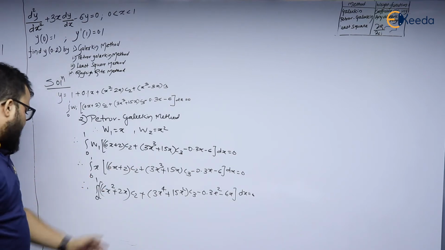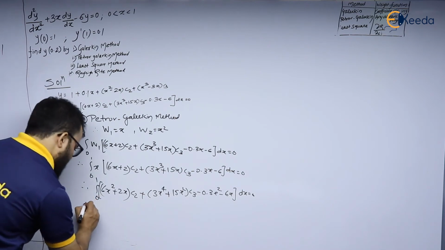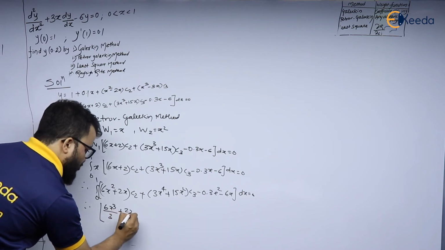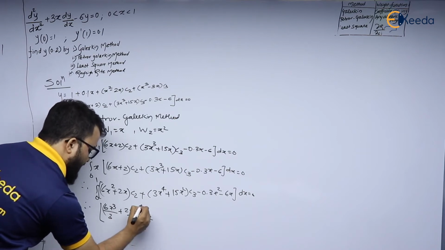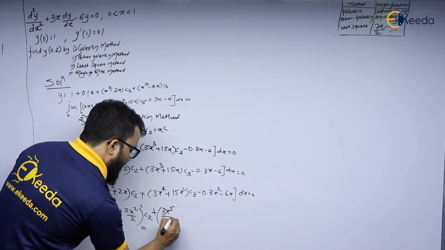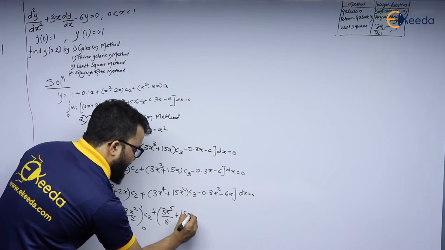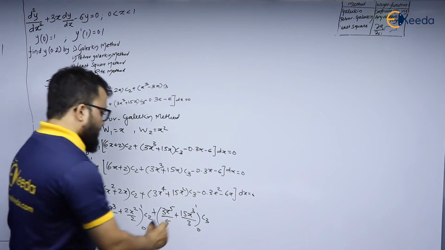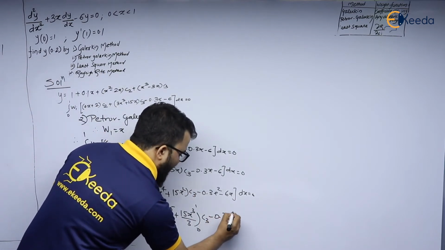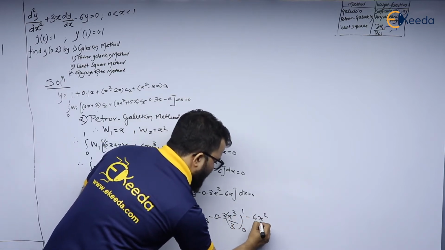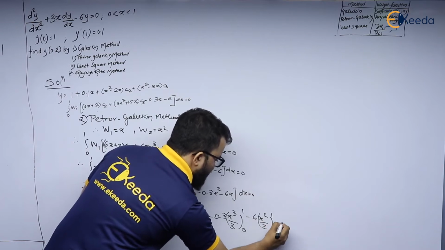Now I will integrate this term. After integrating, I will get (6x cube upon 3 plus 2x square upon 2) into C2, with limits 0 to 1, plus (3x raised to 5 upon 5 plus 15x cube upon 3) into C3, 0 to 1, minus 0.3x cube upon 3, 0 to 1, minus 6x square, 0 to 1, is equal to 0.